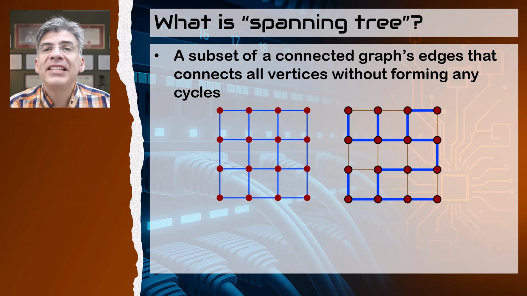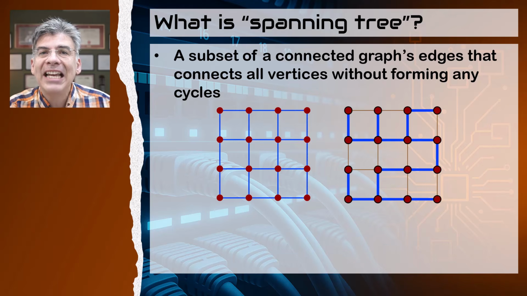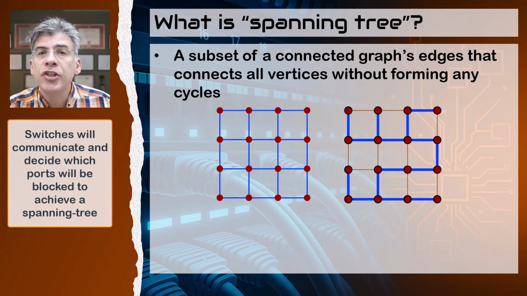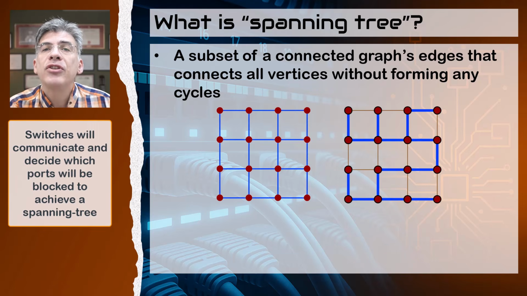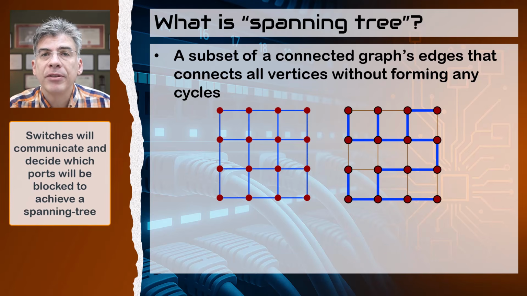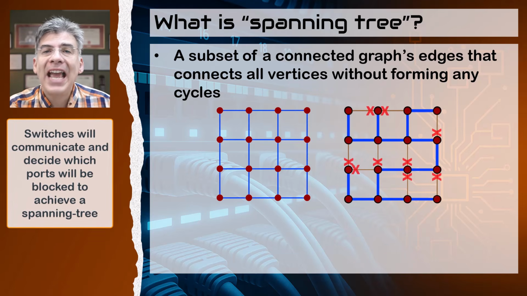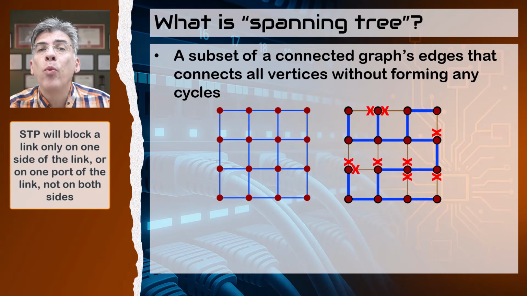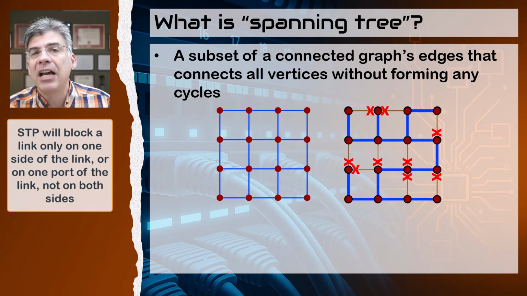Now imagine this is a network and these are switches. The STP protocol will allow the switches to communicate and decide amongst themselves which ports will be placed into a logical blocked state so that a spanning tree is formed. Now, in order for an edge or a link to be considered blocked, it needs to be blocked only on one side or one end of the physical link.